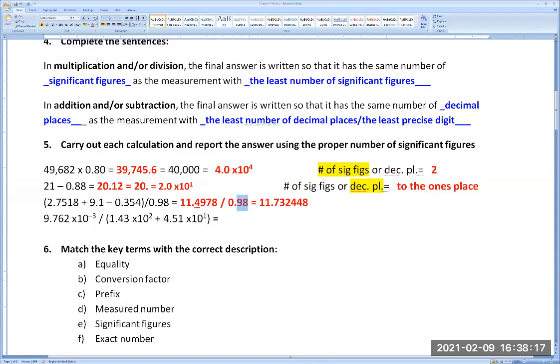So we need to round to 2 sig figs. So out of this, you keep the 1 and then the 1. And that's already 2 sig figs. So you need to stop there. What comes after the 1 here is a 7. So you need to round the 1 up. So it's not going to be 11, but 12. And so that's 2 sig figs. And that would be the final answer for this calculation.